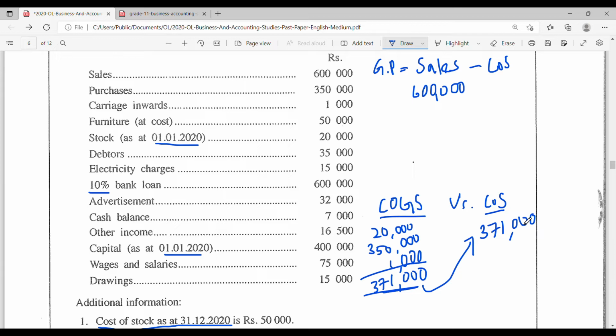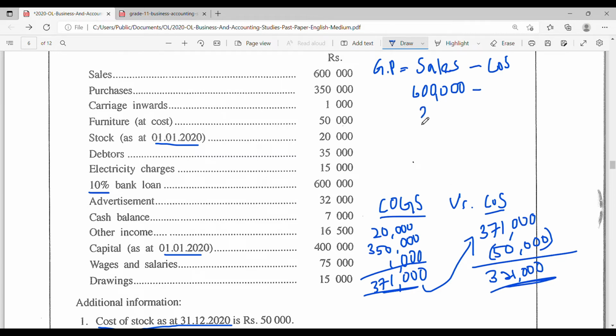Now this is the total cost of the stocks available with you for sale. It's available with you for selling purposes. Now out of this, 50,000 worth of stock is still remaining with you. Which means the balance you were able to sell is valued at 321,000.